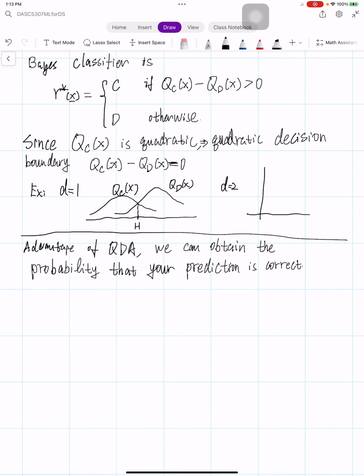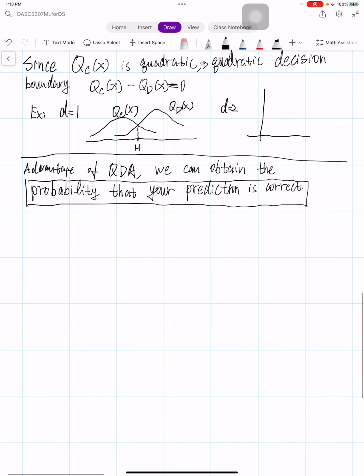And this is something that support vector machine cannot do. Maybe let's work out how to quantify this probability.